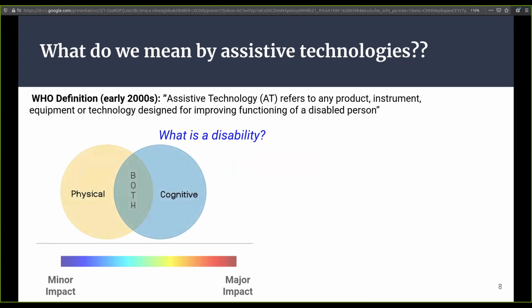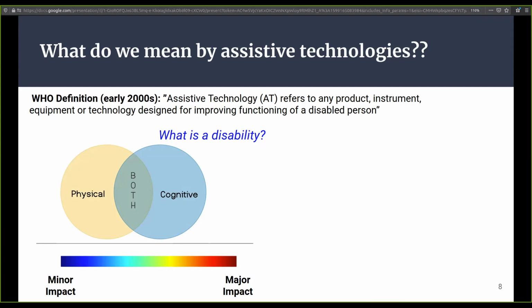So there are some major characteristics of a disability. It affects either our physical or our cognitive functioning, or sometimes both, and it can have an impact on our daily living. This impact can be minor or major, and it can be permanent or temporary.